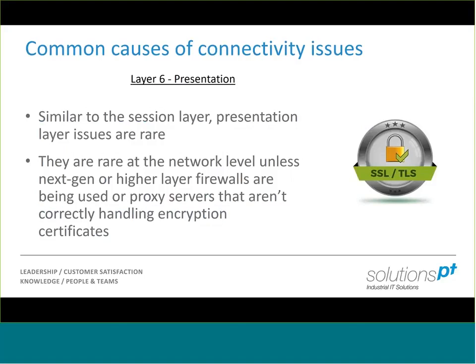Traditional firewalls will just filter by your IP addresses and the ports. The next-gen firewalls will do a little bit more than that, and they will start filtering at the higher levels, and they'll start inspecting the underlying data. And they might be interfering with encryption services, things like that, and they could be causing an issue. So the firewalls would be an example of where we might see an issue here, but really what you're saying is it's unlikely to present here. Yes.